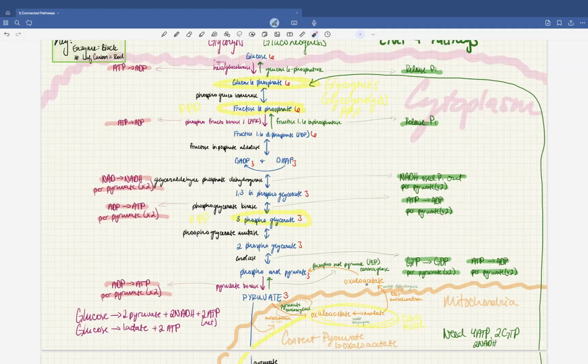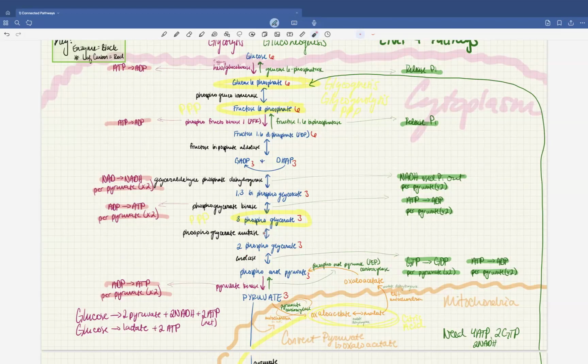This allows oxaloacetate to be converted by phosphoenolpyruvate, or PEP carboxylase, back into phosphoenolpyruvate. And from here, enolase will convert it into 2-phosphoglycerate, which will take 1 GTP molecule per pyruvate and 1 ATP molecule per pyruvate. So that's 2 and 2.